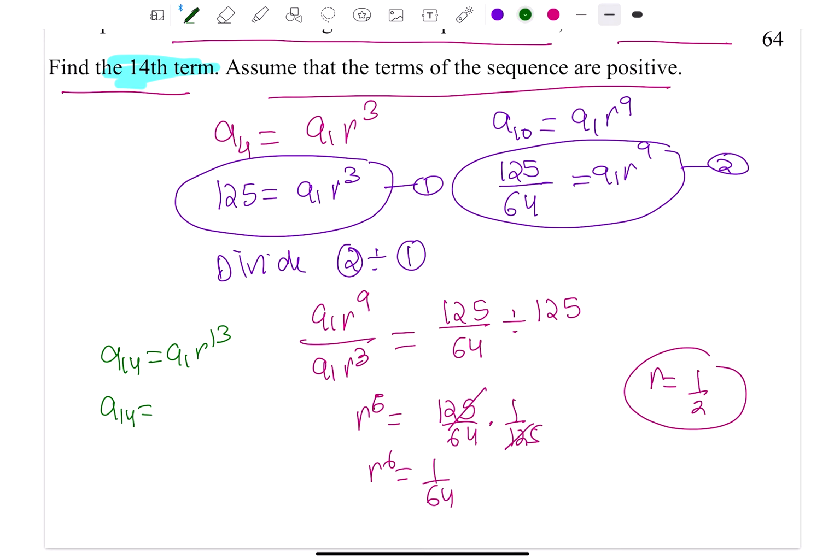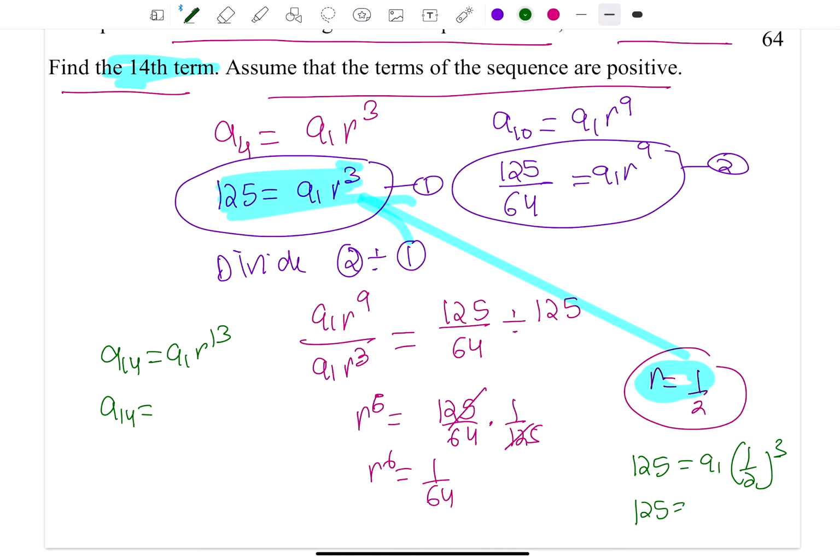We have not found the first term, but we can plug this r either into the first equation or the second equation to find a1. So 125 is equal to a1 r to the third power, which is 1/2 to the third power. 125 is equal to a1 times 1 over 8.